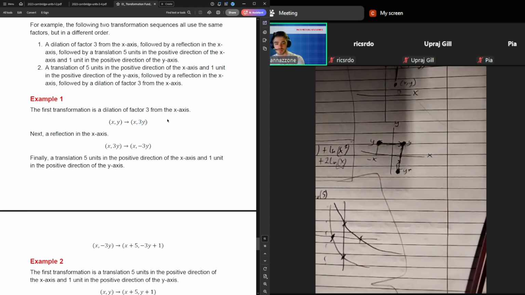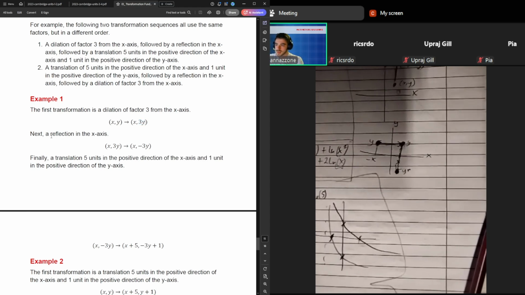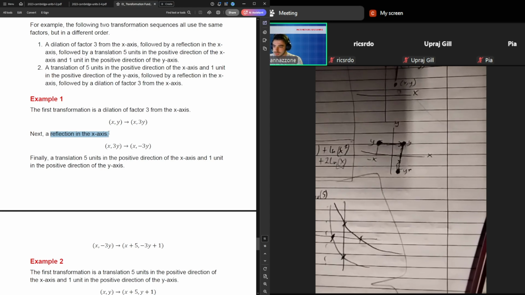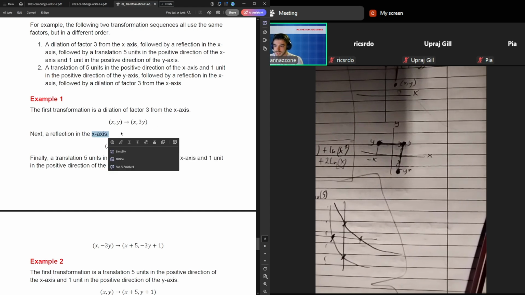It's going away from the x. When you go to apply your next transformation, a reflection of the x-axis in this case, you start where you left off. So we left off here at x, 3y. Reflection in the x means you take whatever's in the y spot, the entire thing in the y spot, and you put a negative sign on that because it's a reflection in the x.